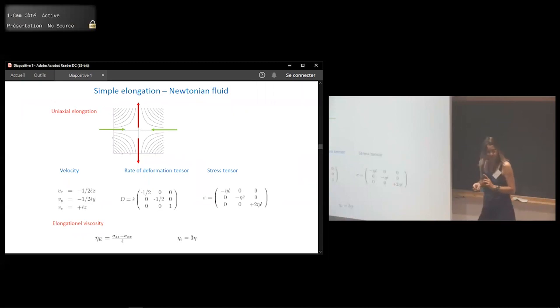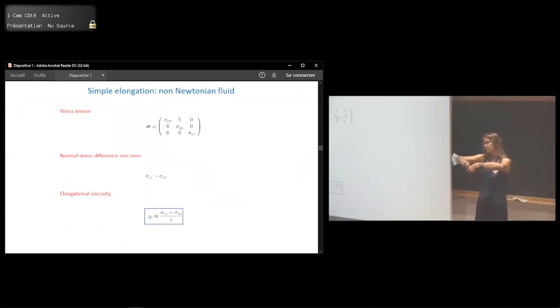I want to spend a little bit of time to tell you how we can measure that, because remember yesterday with Dimitris he had all these ideas where you have a filament that you can roll around a cylinder and stretch, or clamp between two holders and stretch. But you cannot do that for a fluid. This works for very dense systems or viscoelastic systems that are rather solid, but it will not work in our case.